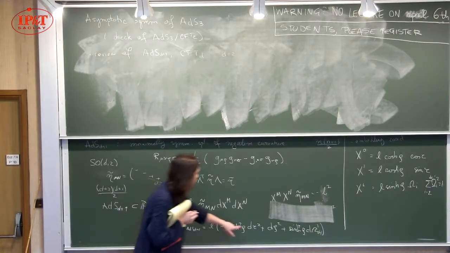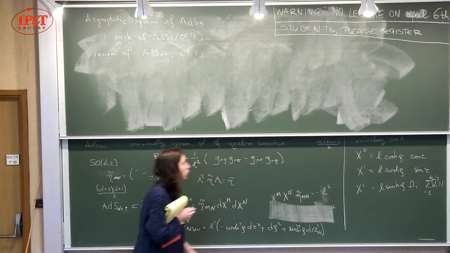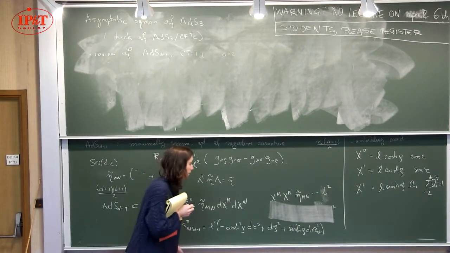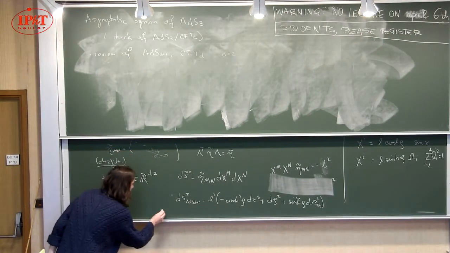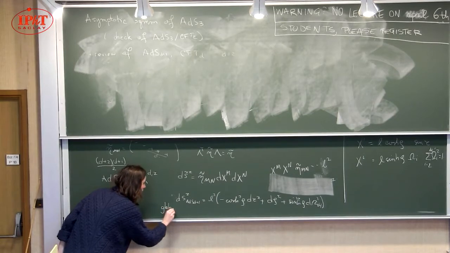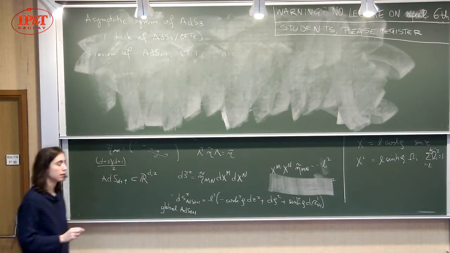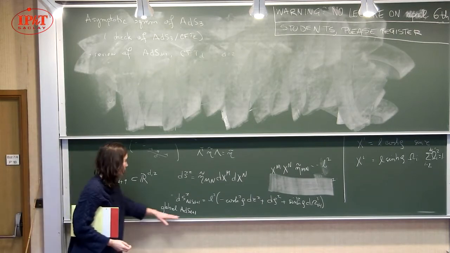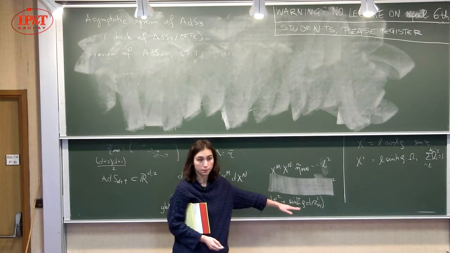So you need to make the time coordinate non-compact to do this. But okay, so this is the metric of a global d plus 1 anti-de Sitter space. So this metric actually covers the entire space.